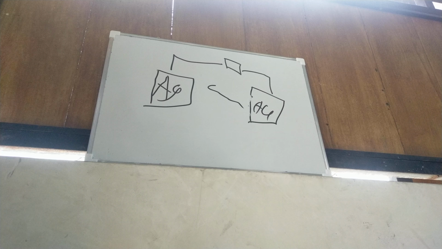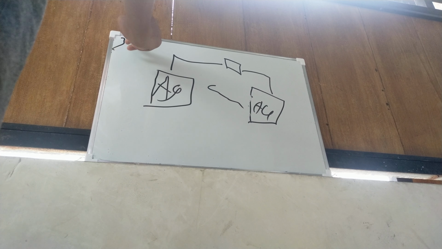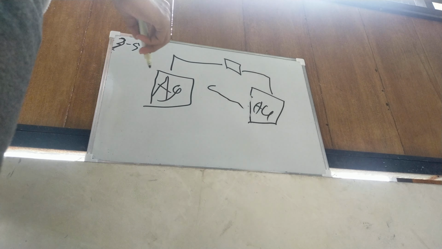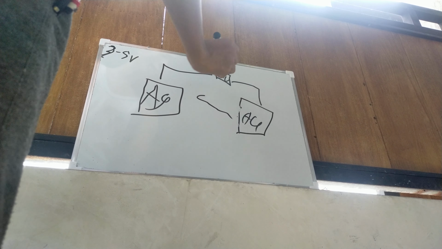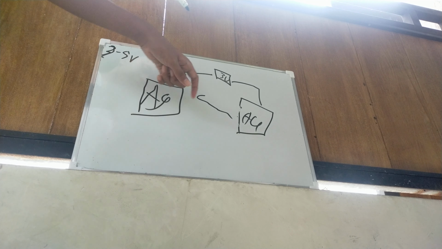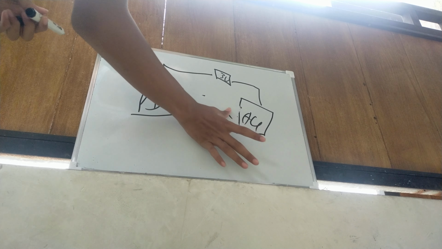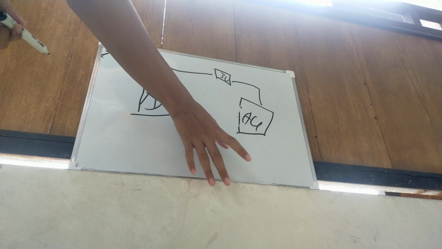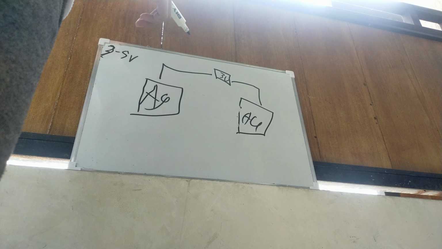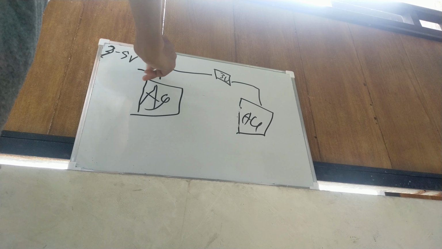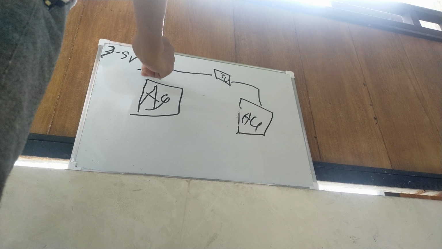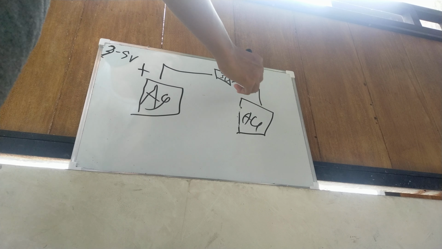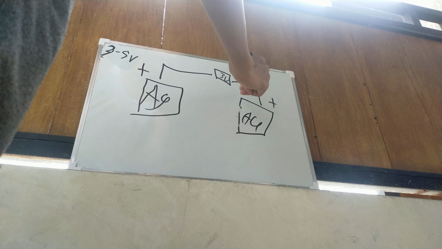You need a power supply of about 3 to 5 volts. In this case, you can use 3 volts. By having this circuit, the electrode changes from silver negative onto silver positive, and from gold positive to gold negative.